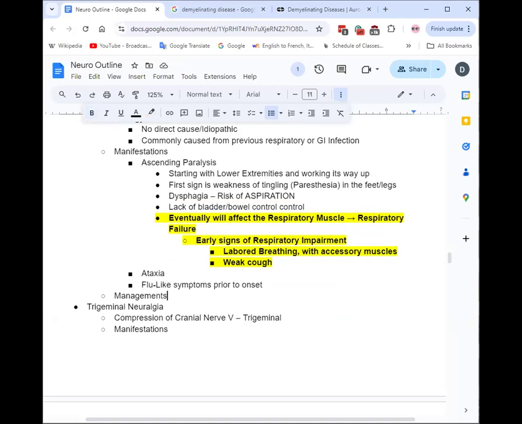Okay. So then I just wanted to go over management. There's some stuff I'm skipping. I'm skipping the phases. I don't think it's as important. Diagnostics, I guess I could include those.